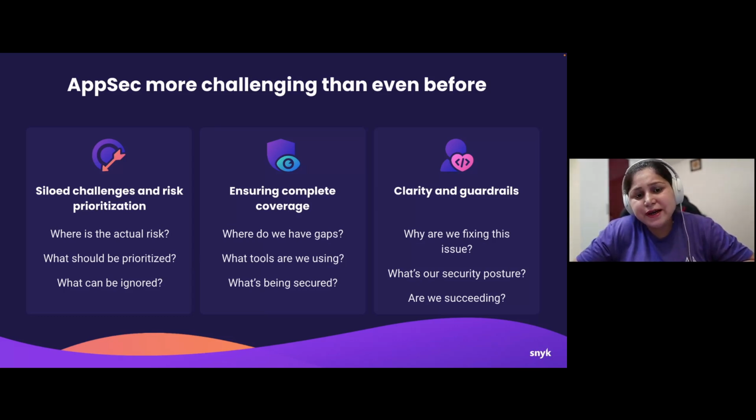Now, when we talk about application security, it's becoming more integrated. Where traditionally the application used to get developed and then security used to come in, now security is coming into the earlier stages of development, such as the design phase, or even the coding phase. We are talking about it.